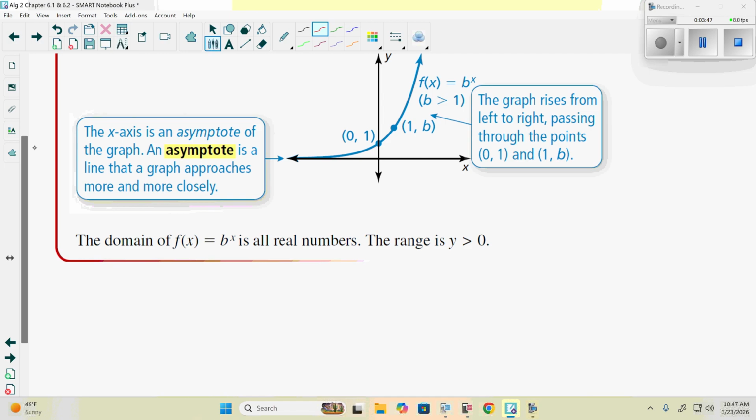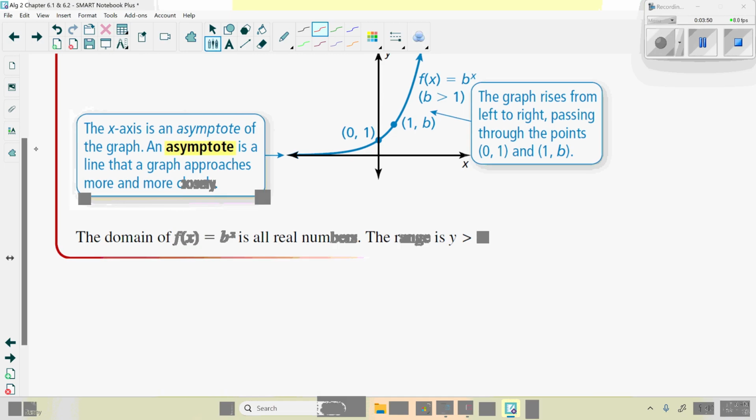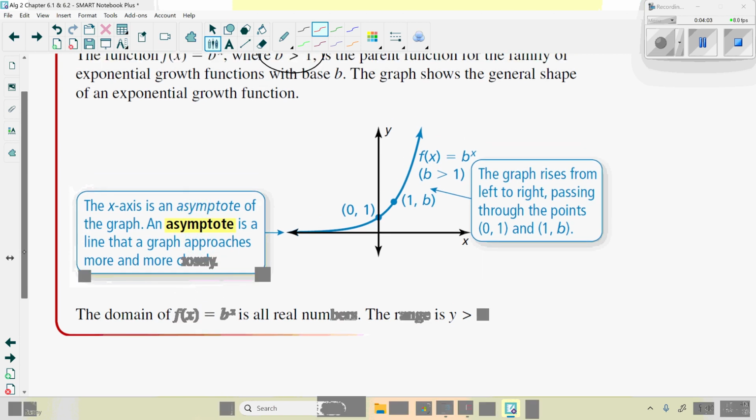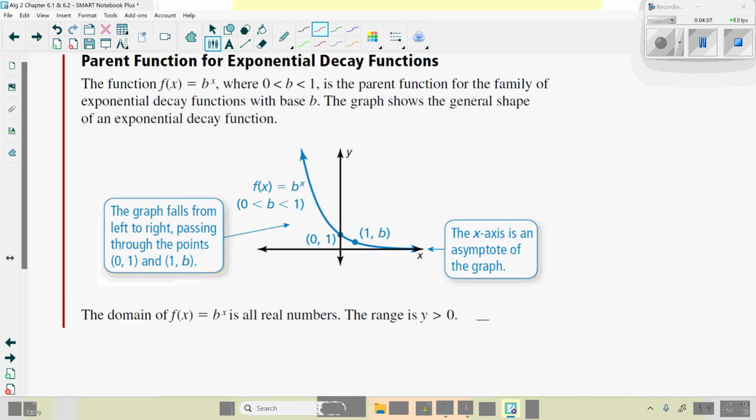One of the other things with exponential growth is that it cannot be equal to 0. There's no way I can take a number and put it to a power and get it to be 0. It just does not work. So we call it an asymptote. And the graph rises from left to right, and it will intersect the y-axis at the point (0, 1).